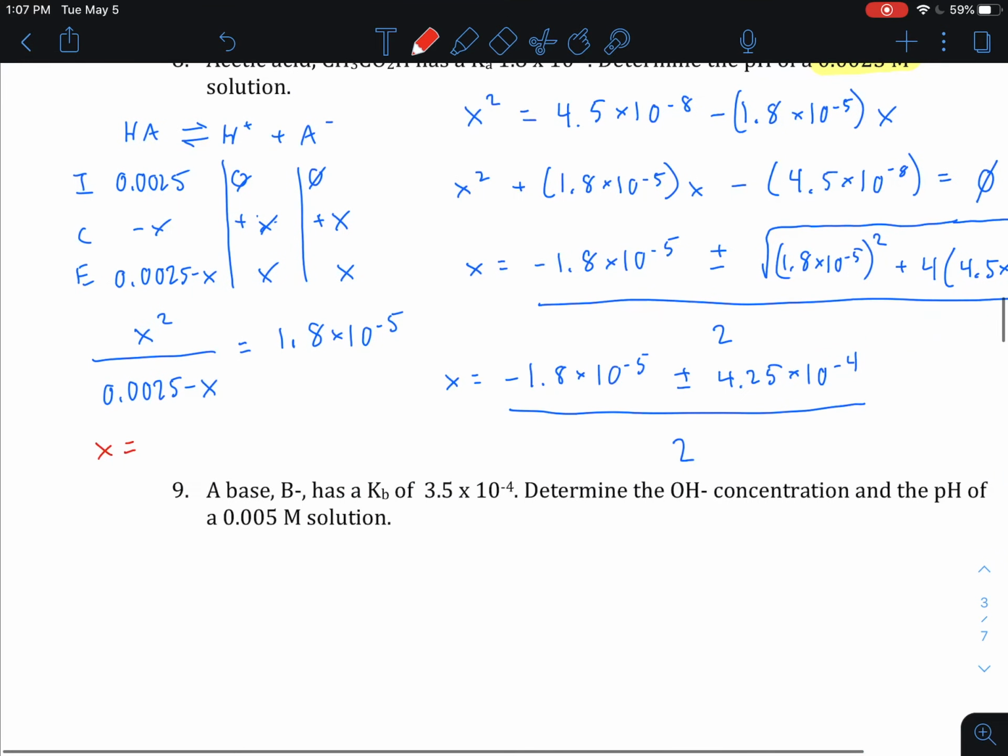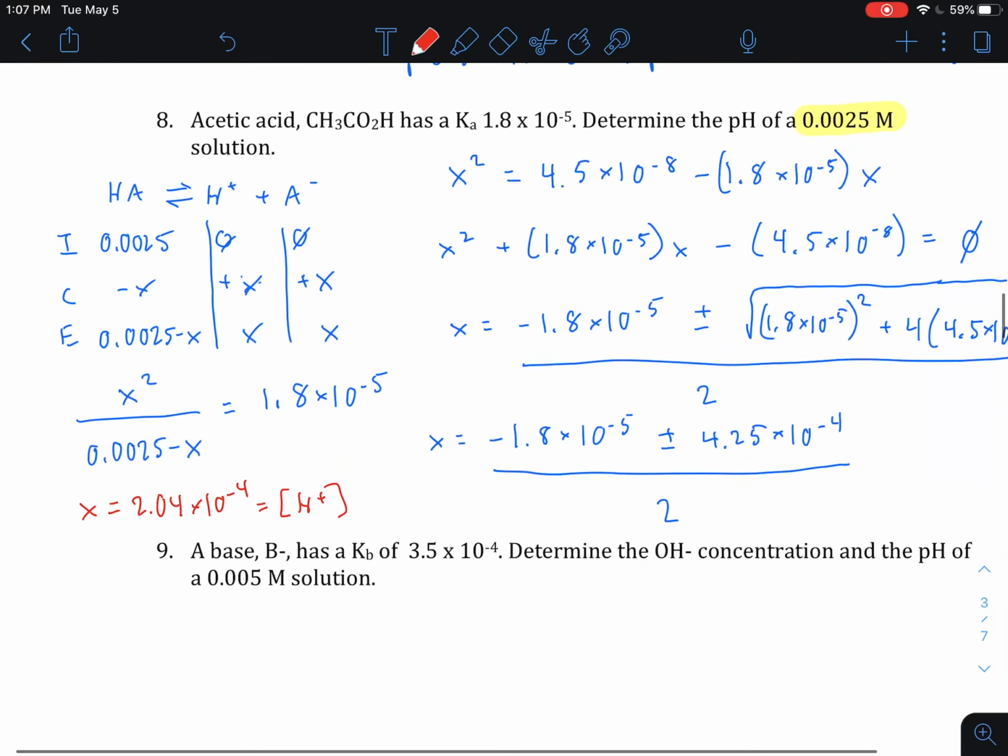Looks like I got 2.035, so we'll call it 2.04 times 10 to the negative 4, and we know that's the H plus concentration.